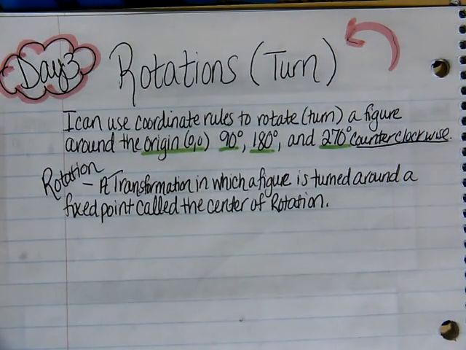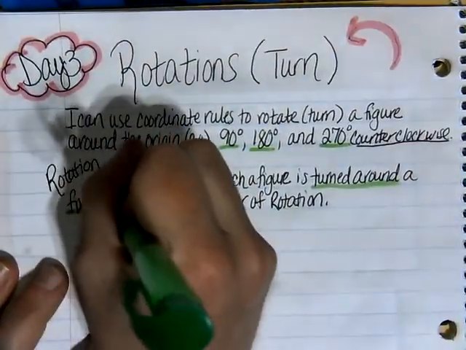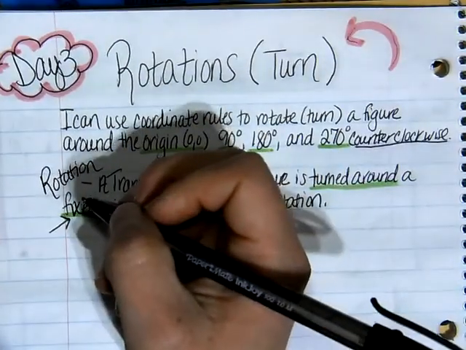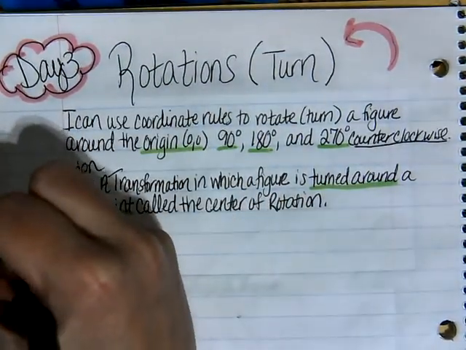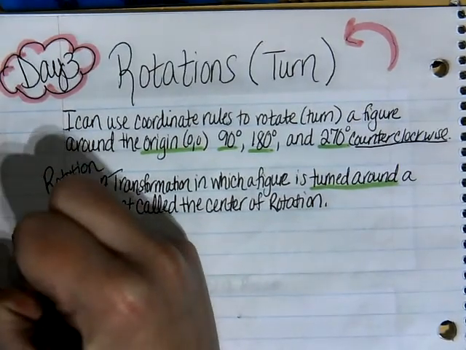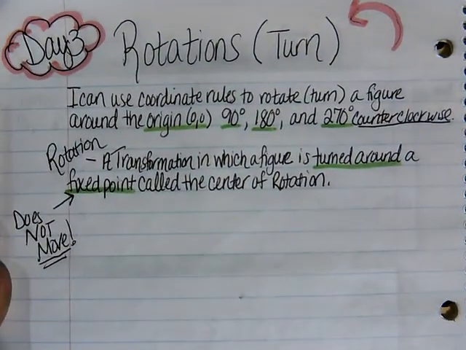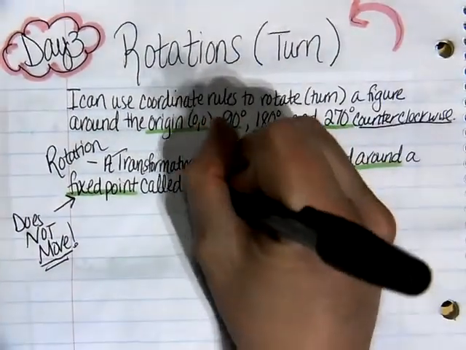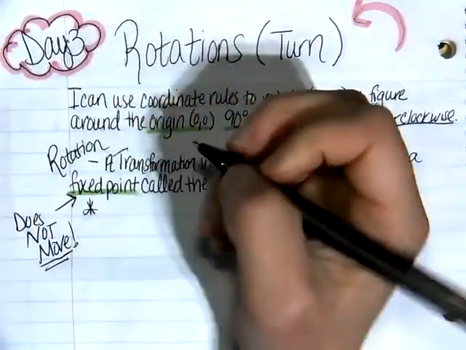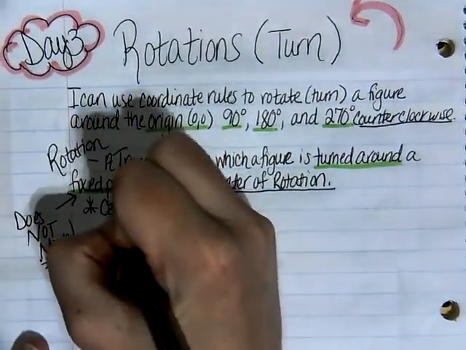So it is a transformation which is turned around a fixed point. Fixed means does not move. So a fixed point does not move, it stays where it's at. And that fixed point is called the center of rotation. For our class, the center of rotation will be at 0, 0.